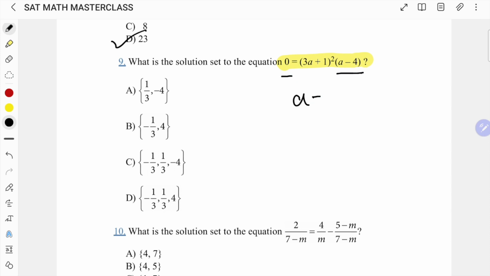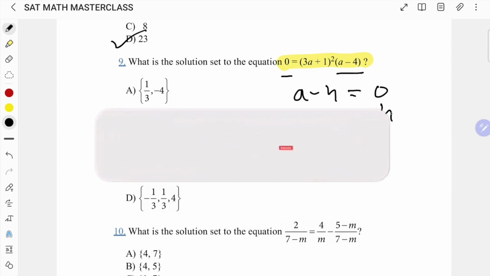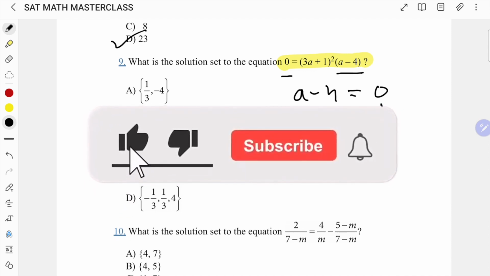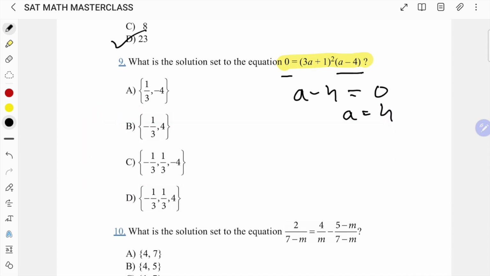So a will be equal to 4. The first correct value of a will be 4, so let us highlight it. Here 4 is given and 4 is given.